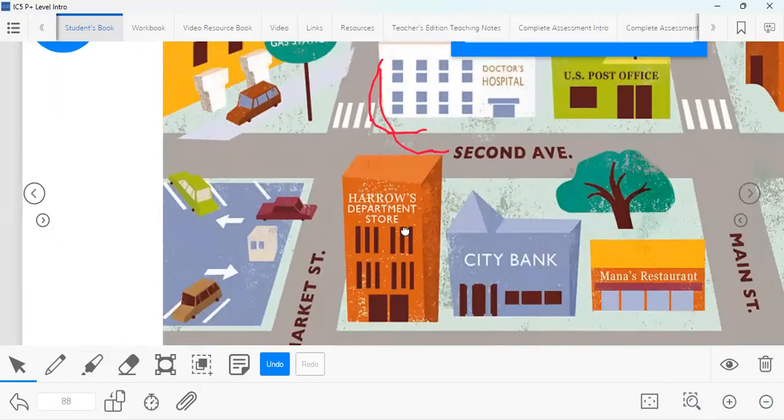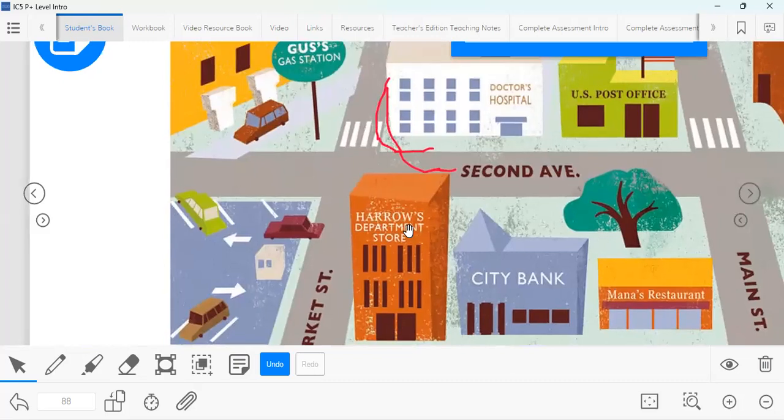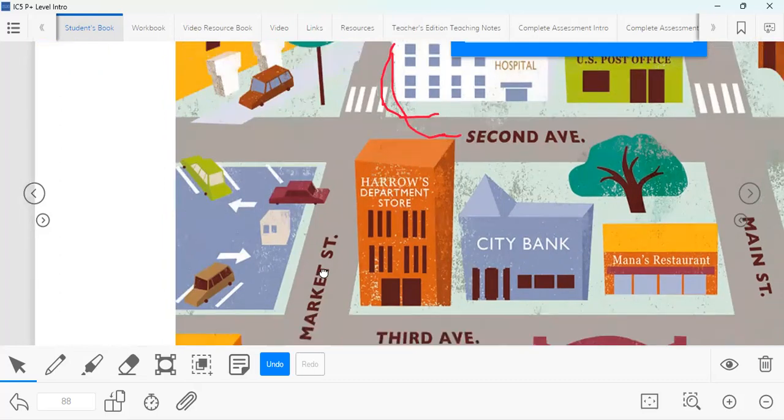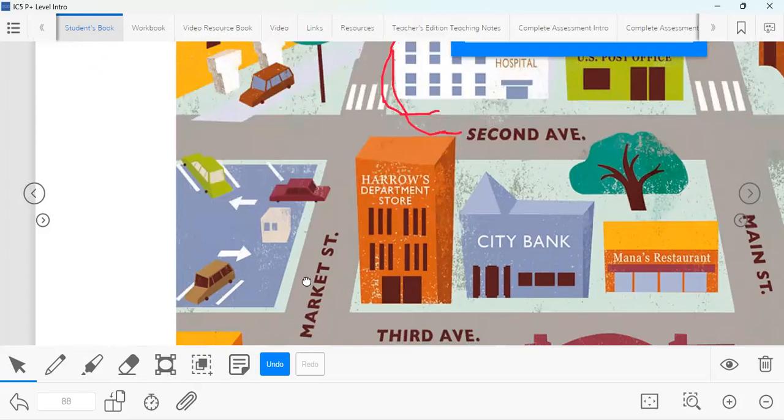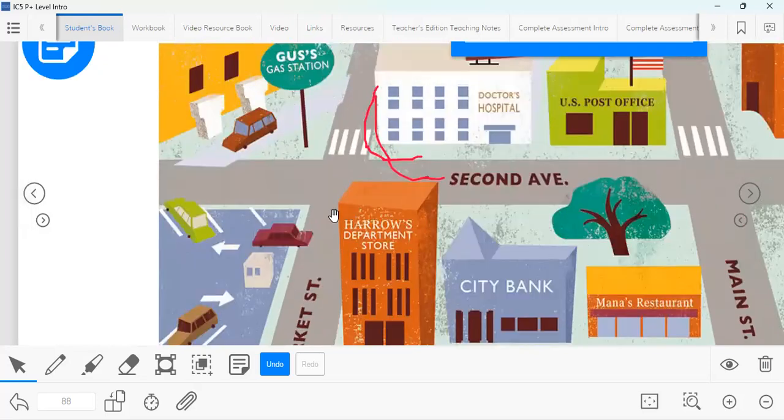Goose gas station is on the corner of Market Street and 2nd Avenue. Correct. So we mention the two, because it's on the corner.